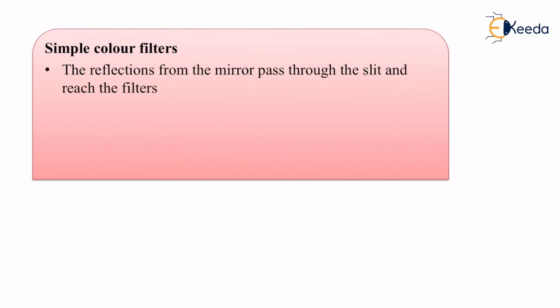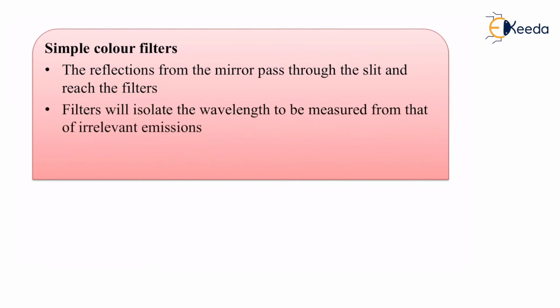Now let us move on to simple color filters. The reflections from the mirror pass through the slit and reach the filter. So we have got the flame, then the nebulizer keeps it at a constant temperature, and the entire optical system helps it pass through a slit and reach a point which is known as the filters.